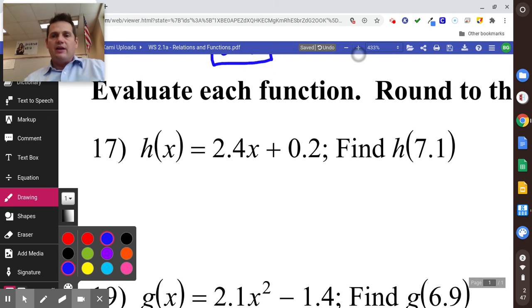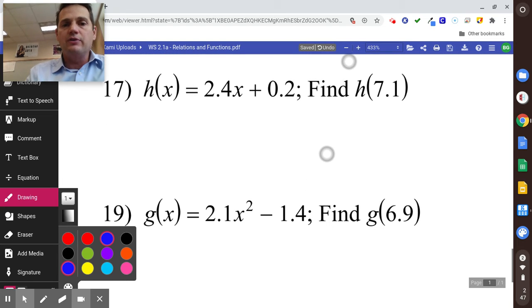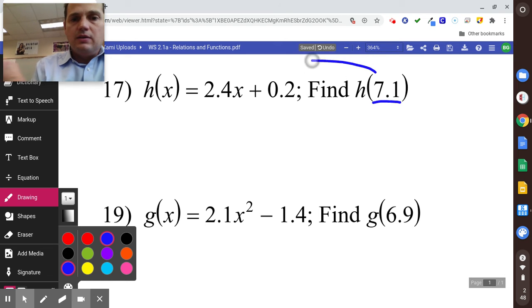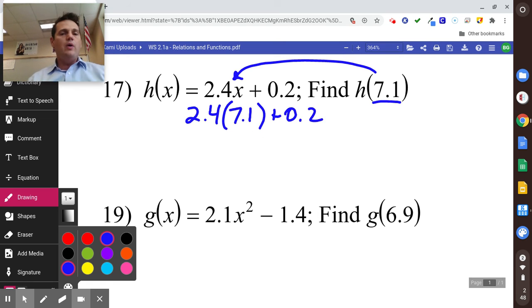Next, number 17, we've got a new set of directions that says evaluate each function and round to the nearest hundredth if necessary. Okay, so round to the nearest hundredth. But we're still doing the same thing. You're plugging this number in for x. 2.4 times 7.1 plus 0.2. There's no way I'm doing that by hand.